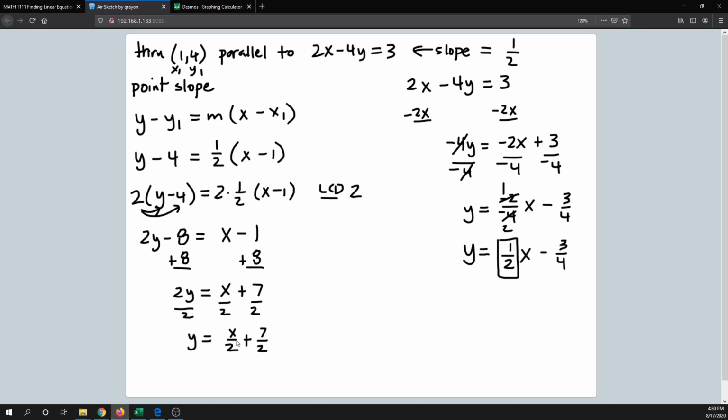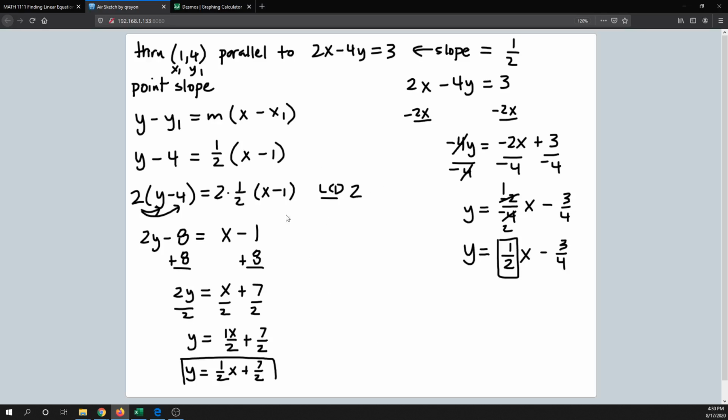So you get y equals x over 2 plus 7 halves. You might also see that written as 1/2 x plus 7 halves, right? This is like a 1 right here, and then you can pull that apart just like I showed you in a previous video. All right, so this is the answer that we're looking for. y equals 1/2 x plus 7 halves.